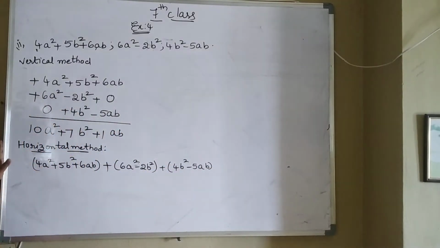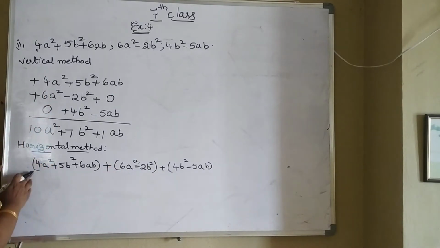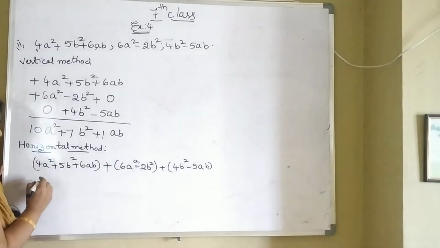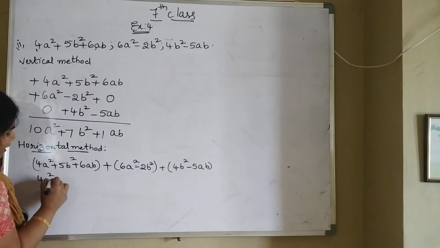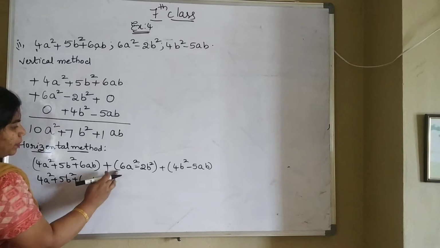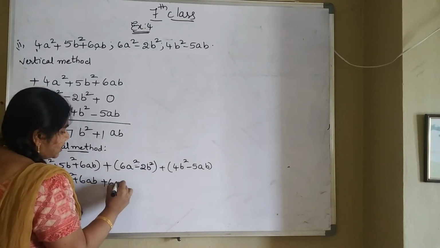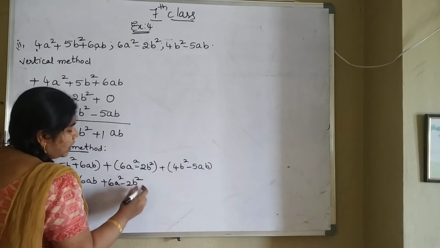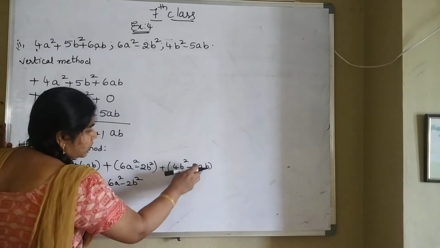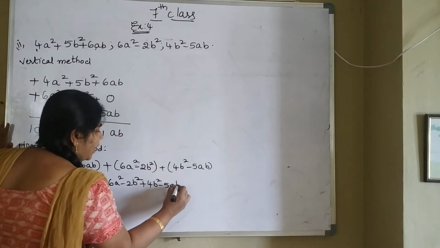These are the three expressions we are adding. Before each bracket there is a plus sign, so write each as it is: 4a square plus 5b square plus 6ab, plus 6a square minus 2b square, plus 4b square minus 5ab.